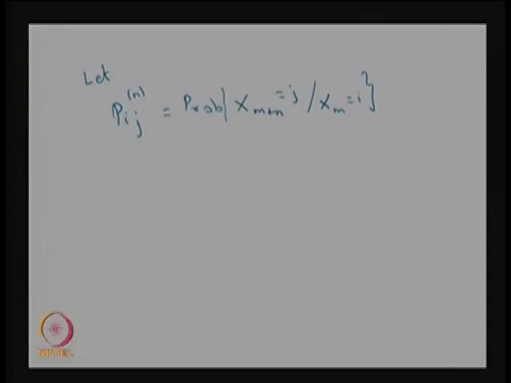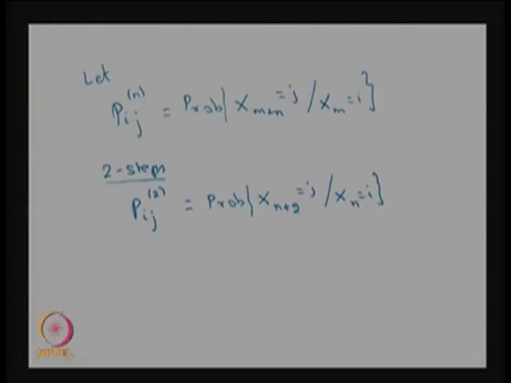Let us start with the 2 step. The 2 step is nothing but the probability that the system is moving from the state i to j in 2 steps. So, X_{n+2} takes the value j given that X_n was i.